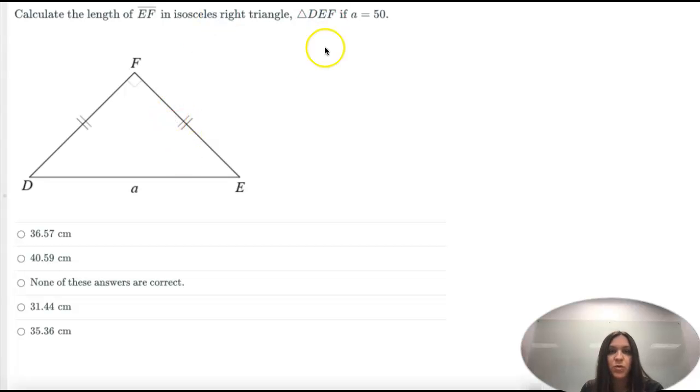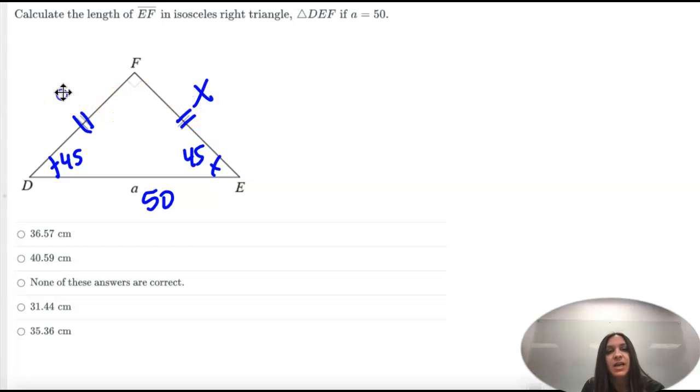Okay, I'm going to do one more. It's a 45, 45, 90 because these are the same. And so these must be the same. These are 45. If A is 50, we need to find the side legs. So again, I'm going to make an equation, right?